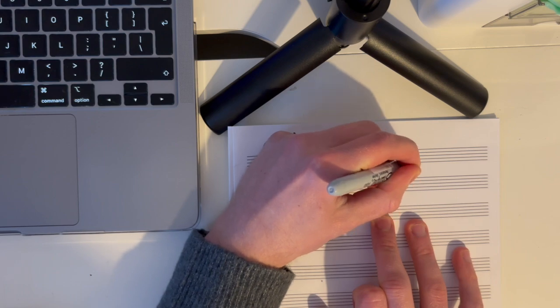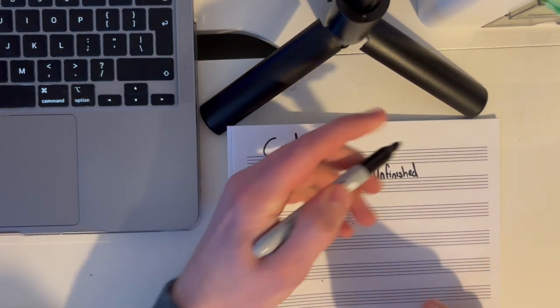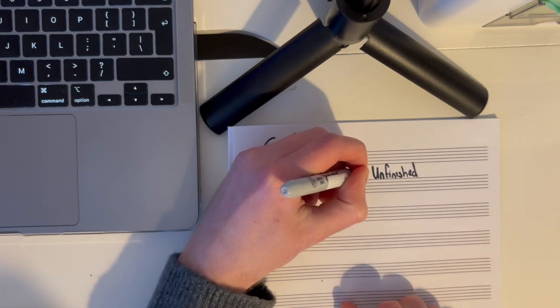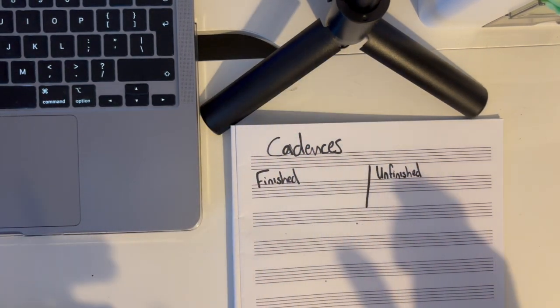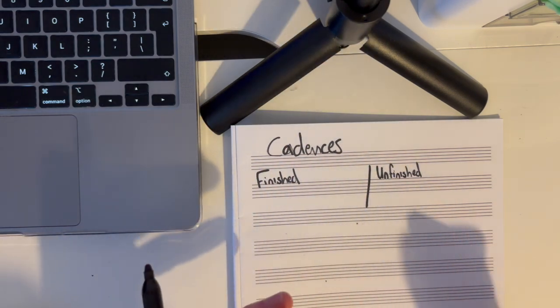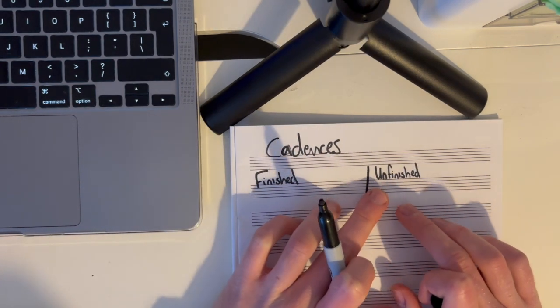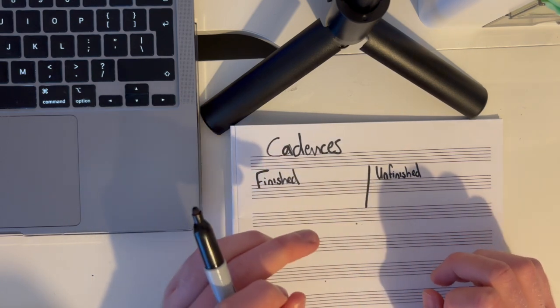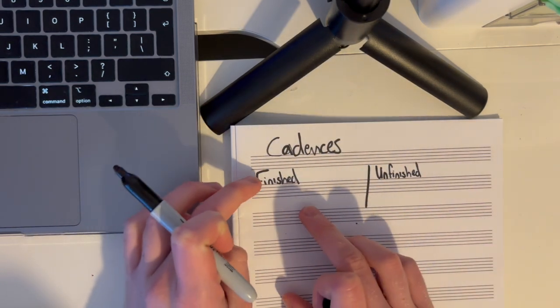And the great thing about putting them in these two categories is it's really easy to tell them apart in the simplest way possible. If it sounds like the piece is meant to keep going, then it's going to be one of the unfinished cadences. But if it sounds like the piece has come to a natural end, then it's going to be one of our finished cadences.